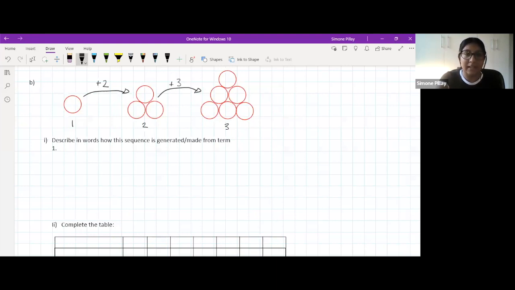But what I can say is that to get to the next term, I am adding consecutive numbers. Can somebody tell me what consecutive numbers are? You can put it in the chat if you guys know what consecutive numbers are.